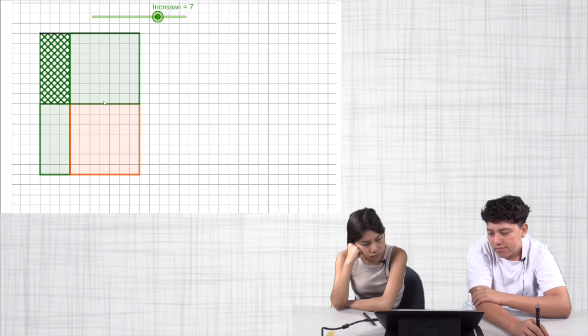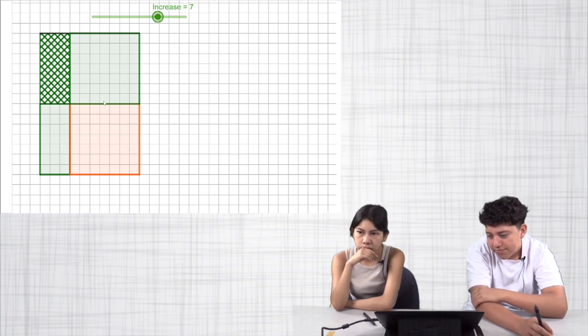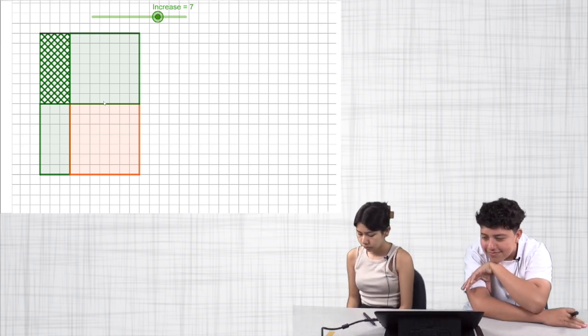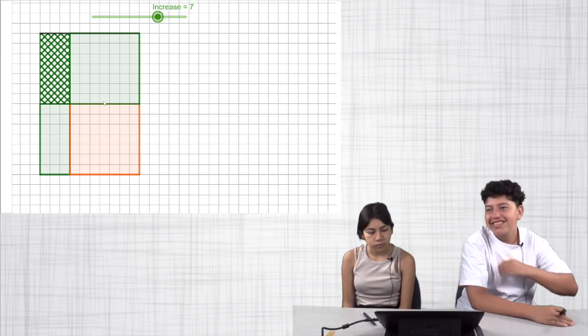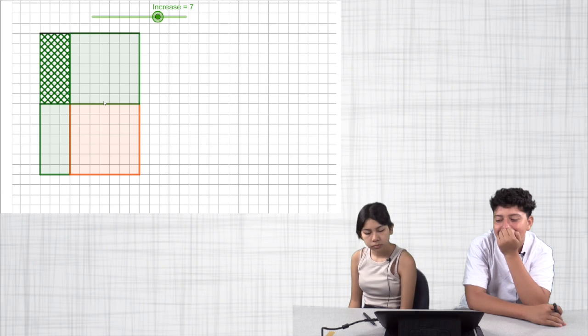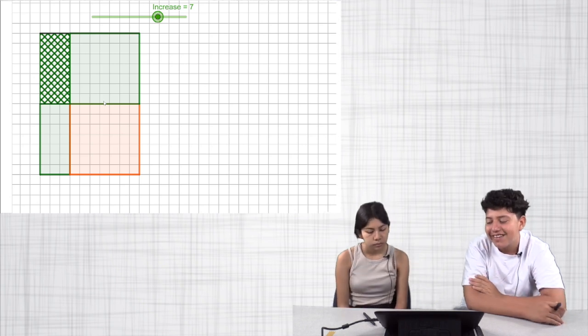Now, do you think that if I was thinking of a number, but I didn't tell it to you, you could tell me a method for finding the area of Ariana's new garden? Or would you like to try another one first on your own and then check against the applet?